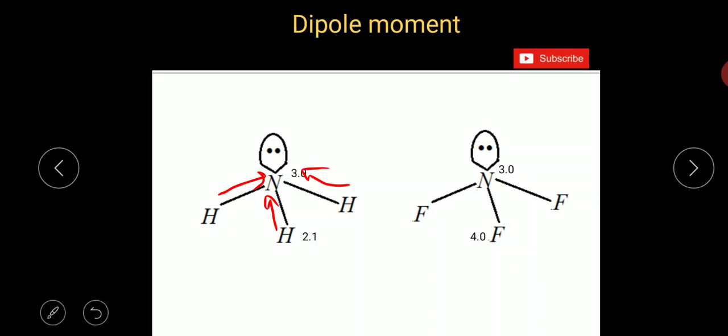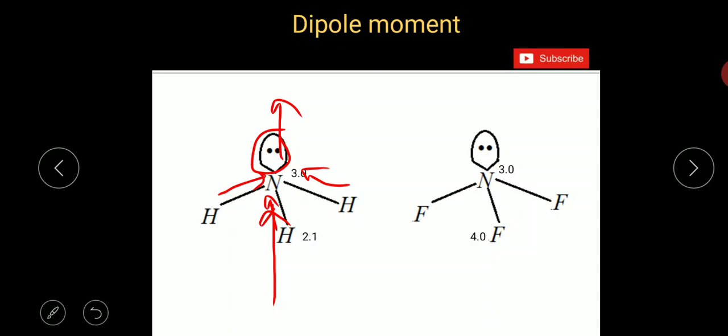If you find the net dipole moment of all these three bonds, it is towards the nitrogen atom. In addition to these three bonds, you have one lone pair also. The lone pair also contributes to the dipole moment, and its direction is towards the lone pair.